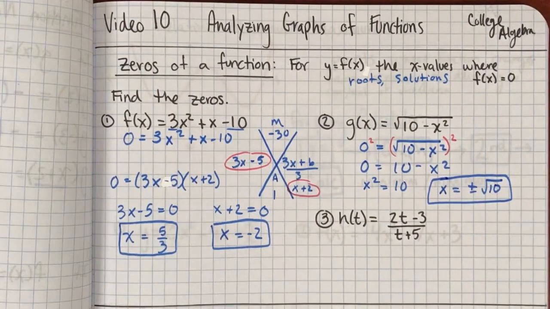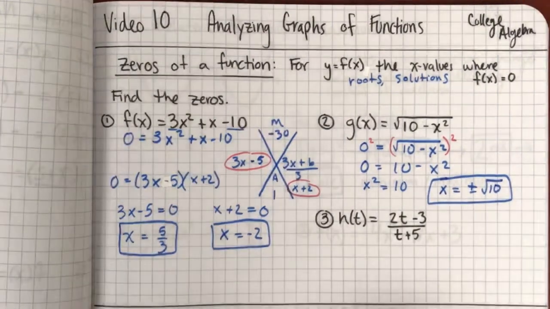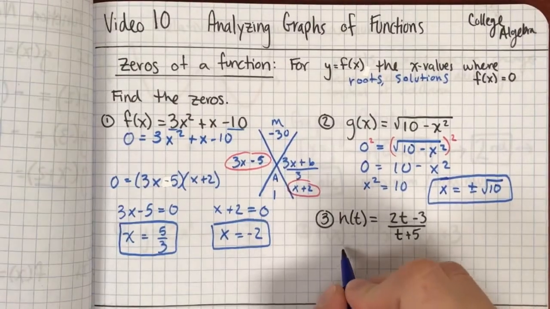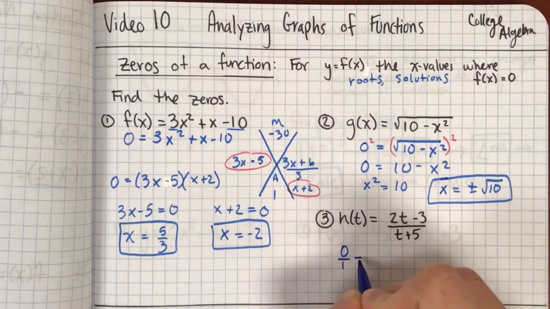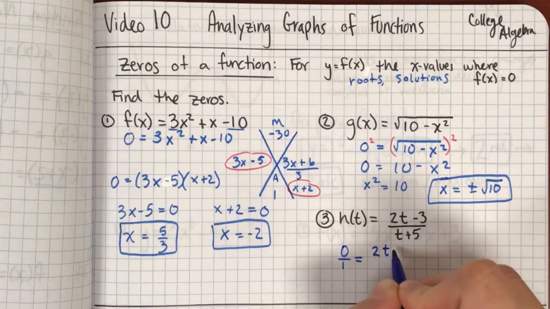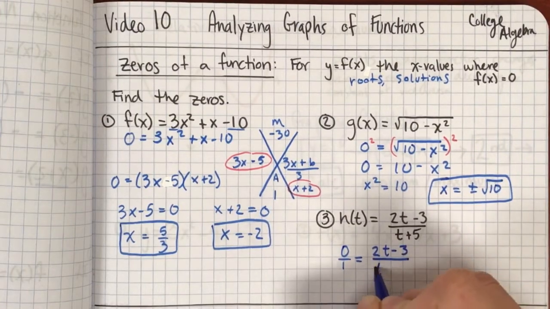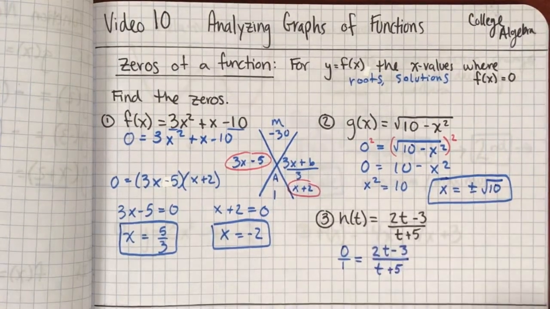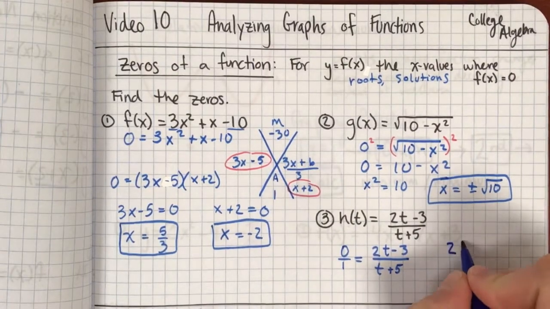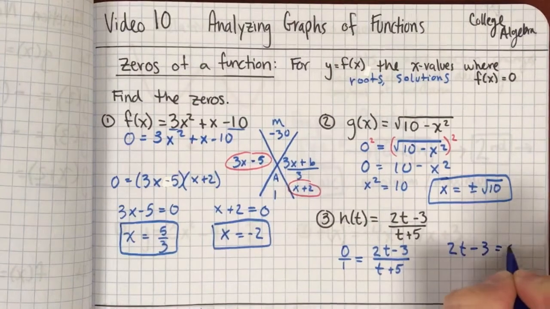Now for my third problem, again we set equal to 0, and since we have a fraction equaling just another fraction, because remember we can write 0 as 0 over 1, we can cross multiply. So we get 2t minus 3 equals 0.